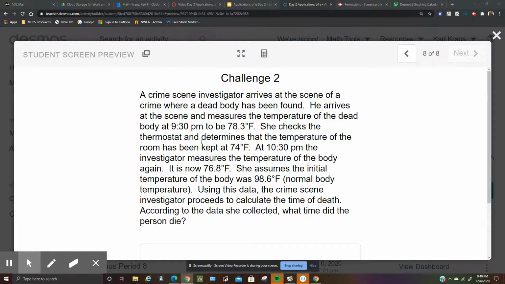So we're going to find the K value using the first part of the information. Once you find the K value, then you're going to use this as the initial temperature, and then plug in the K and you'll find T.